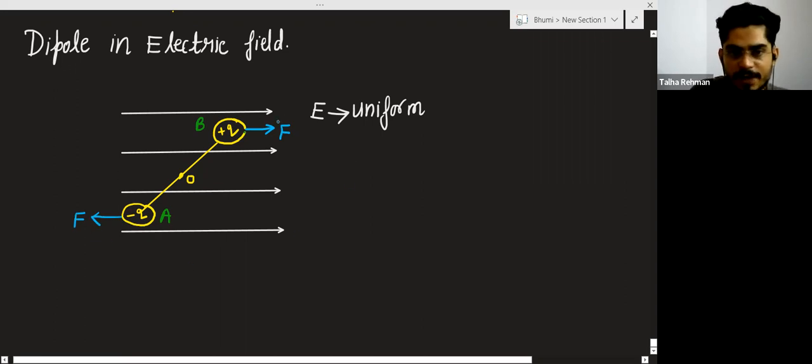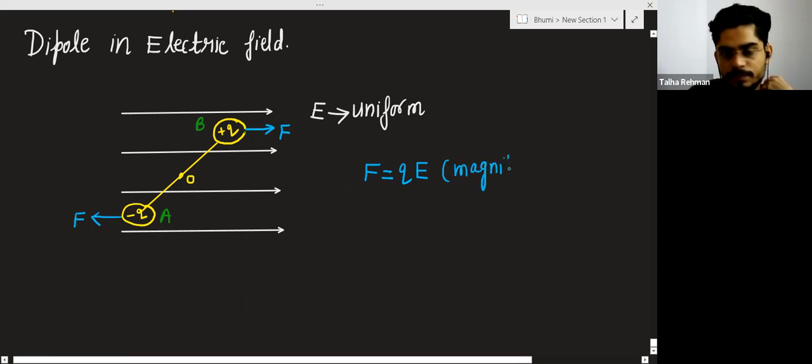The value of both the forces F is equal to charge Q into electric field, if we are talking about the magnitude only. And see here, the direction of this force is in this direction and the direction of this force is in the opposite direction.